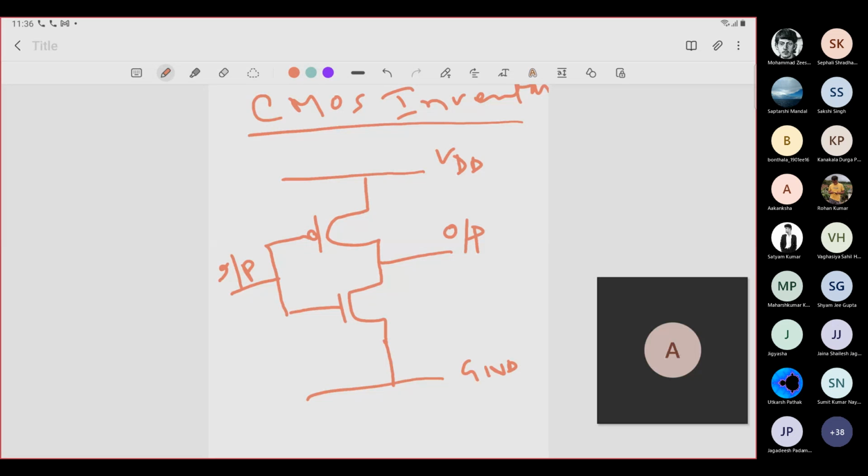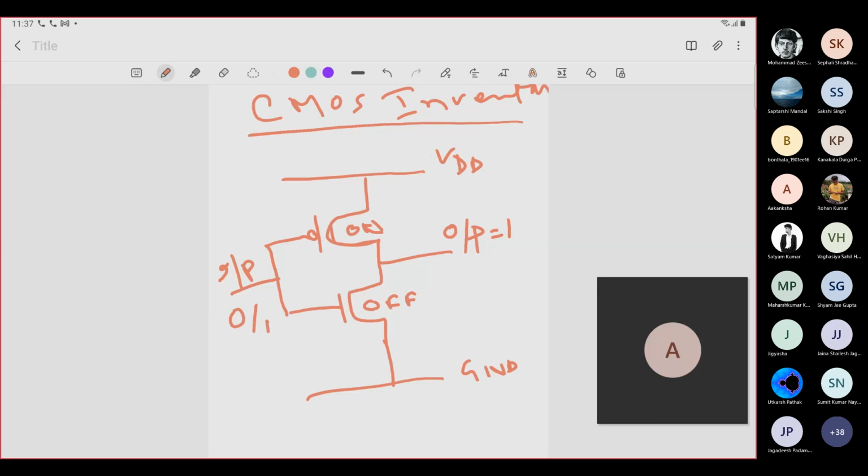Let me tell you the operation. If you give the input 0, the PMOS becomes on and the NMOS becomes off, and the output will be tied to 1.